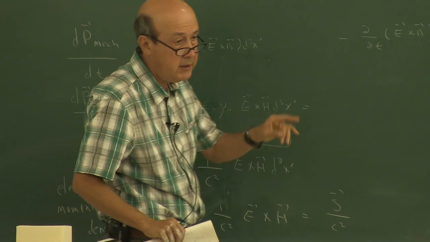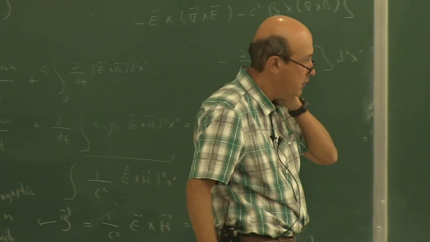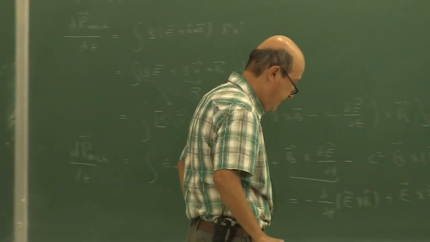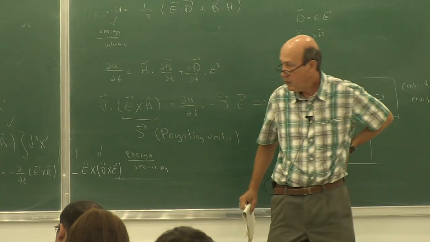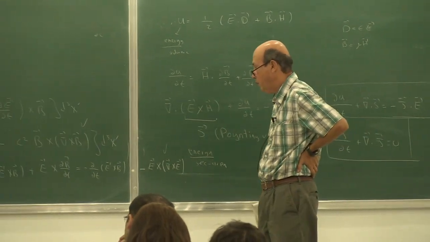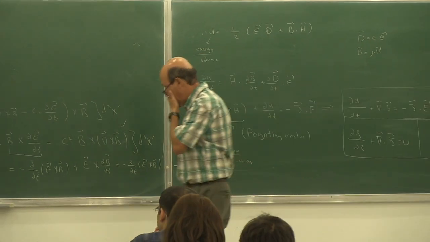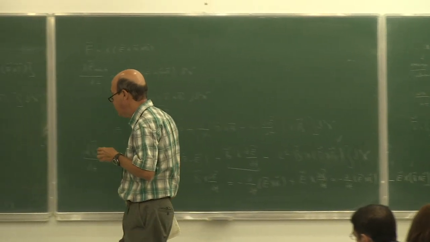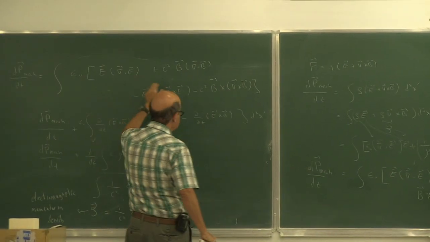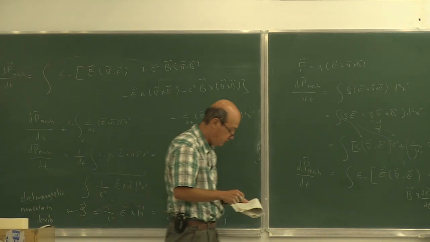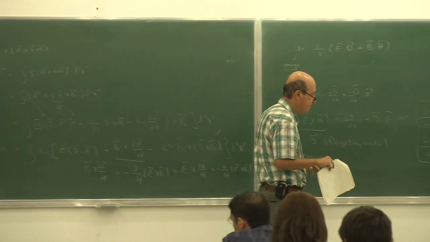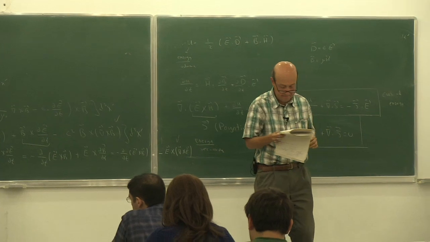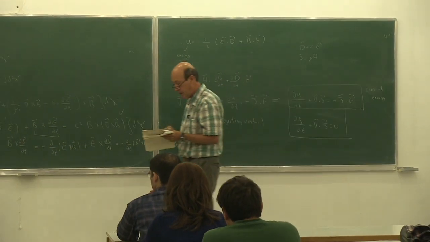So basically you need E and H fields in order to obtain a density of momentum or momentum. In the next hour I will study the rest of the terms. Okay, let us stop there and we can continue 10 minutes later.